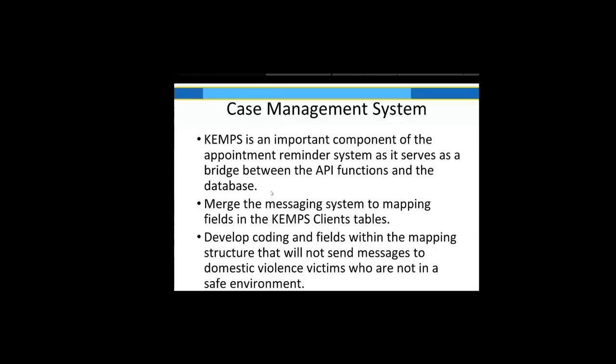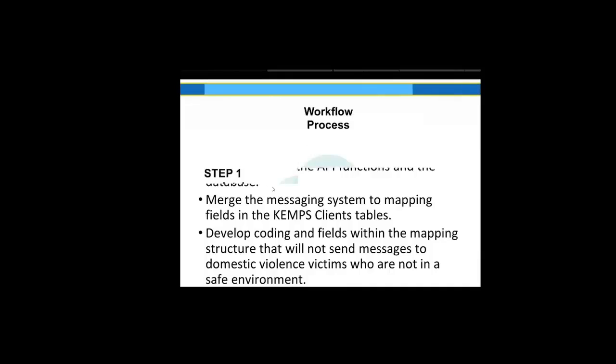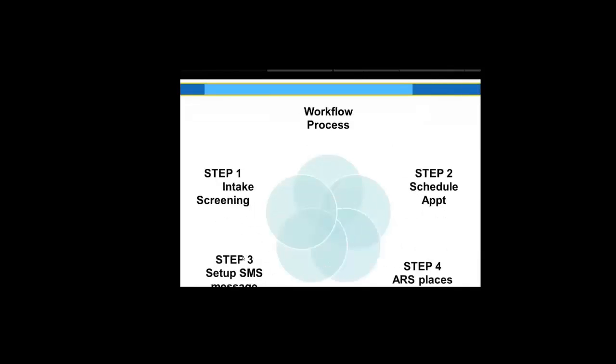So if you want to go on, Claudia, to the next screen, please. Yep, that's the one. So the initial process of how the appointment reminder system works is you initially go through an intake screening process. During that process, the intake worker will ask the applicant whether or not they have the capabilities through their cell phones or smartphones to be able to receive text or voice messages.